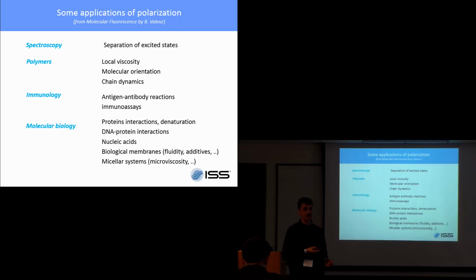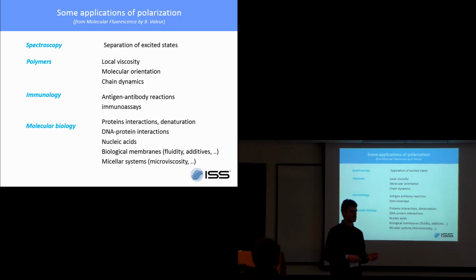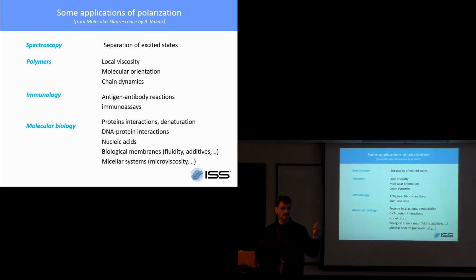There are machines out in the hospitals sold by Abbott Labs, and they are based on polarization. A lot of tests, even for the HIV virus, have an assay that is based on polarization, and it uses specifically this phenomenon.